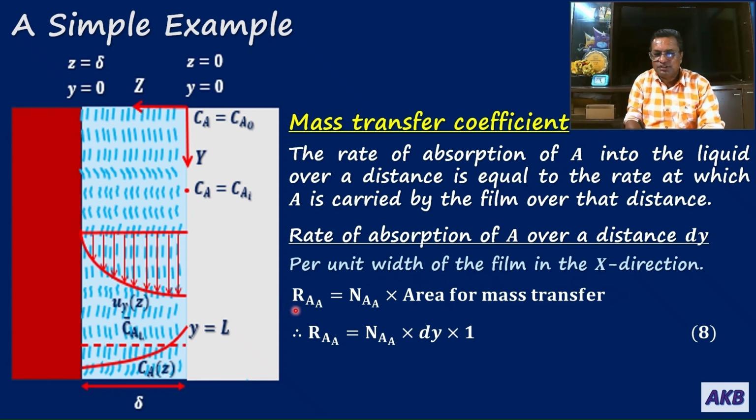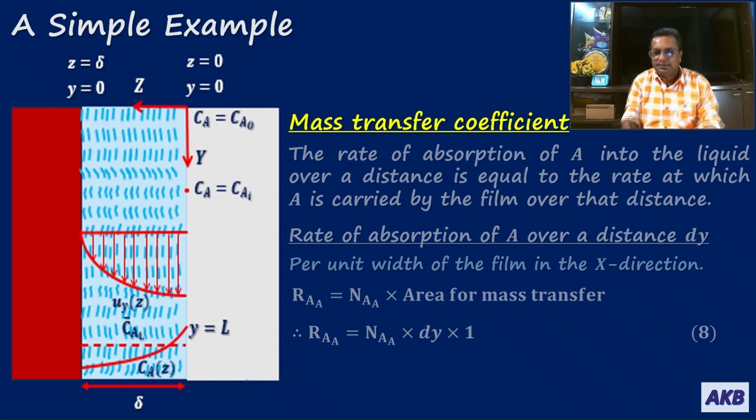So RAA, the rate of absorption in moles per unit time, is equal to the mass transfer flux into the area for mass transfer, which over the differential distance dy is dy into 1. 1 is the dimension in the x direction, perpendicular to this plane, and I am going to call this equation number 8.